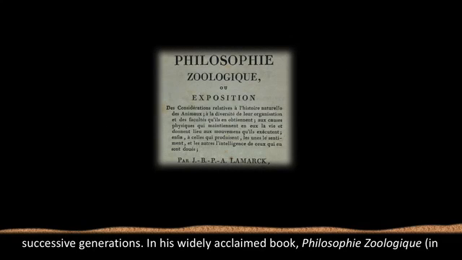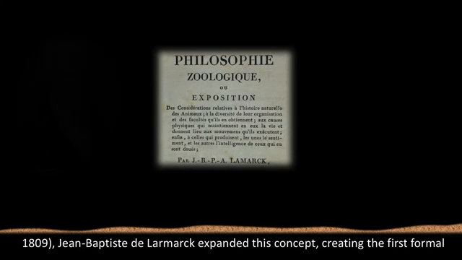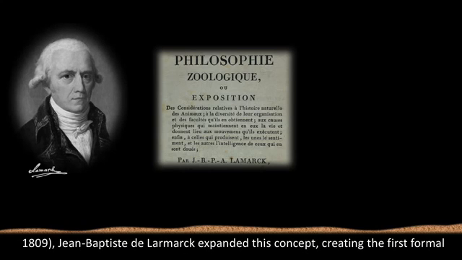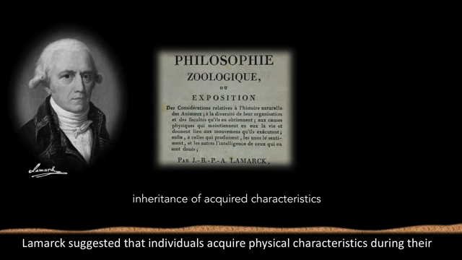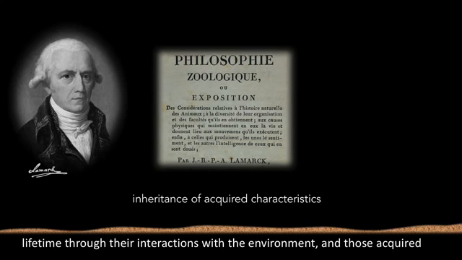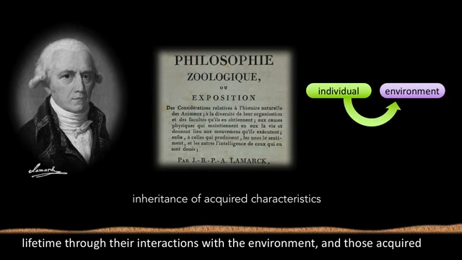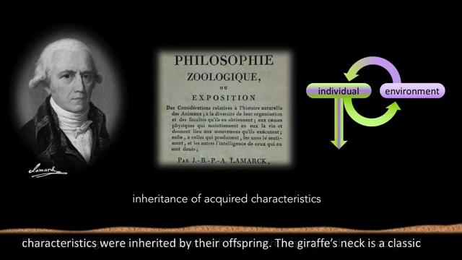In his widely acclaimed book, Philosophie zoologique, in 1809, Jean-Baptiste de Lamarck expanded this concept, creating the first formal theory of inheritance, the inheritance of acquired characteristics. Essentially, Lamarck suggested that individuals acquire physical characteristics during their lifetime through their interactions with the environment, and those acquired characteristics were inherited by their offspring.